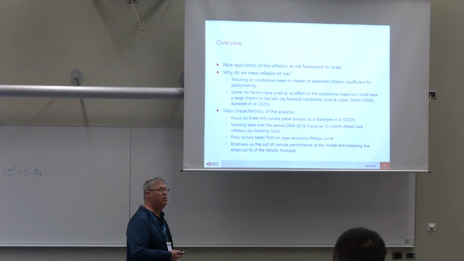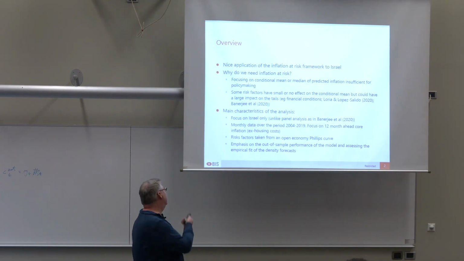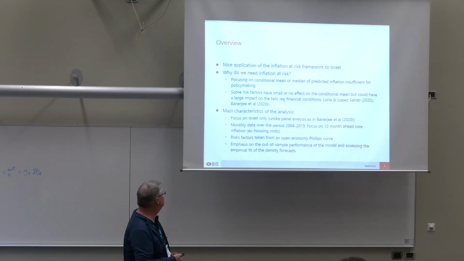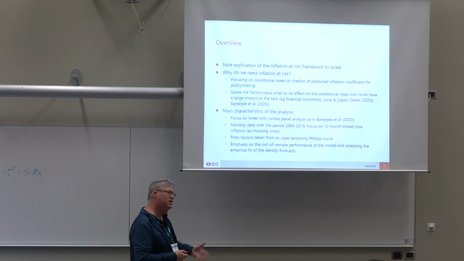One example is the financial conditions, and this is a key result in a paper by Lopez Salido and L'Oreal, and also our paper at the BIS: we find that financial conditions have very little impact on the mean, but a quite significant impact on the tail of the distribution.